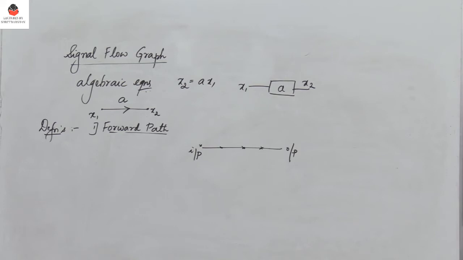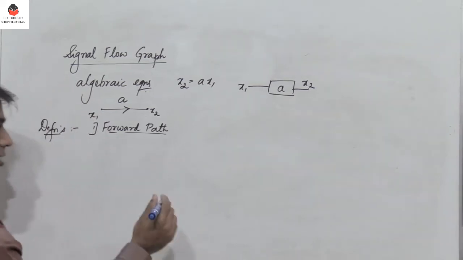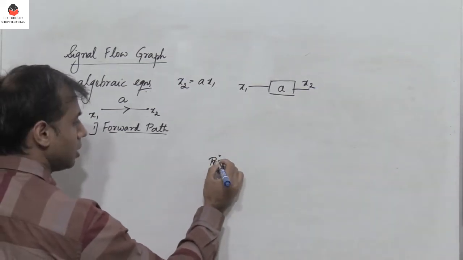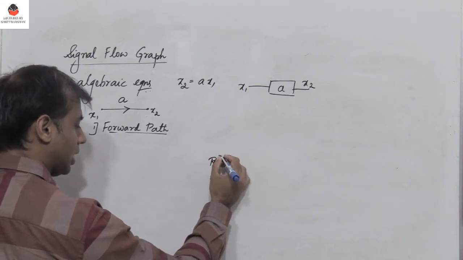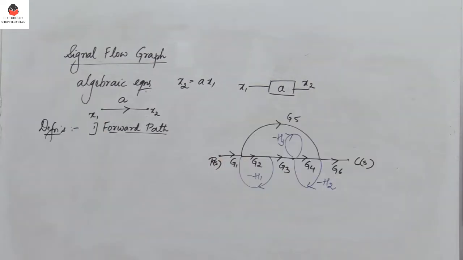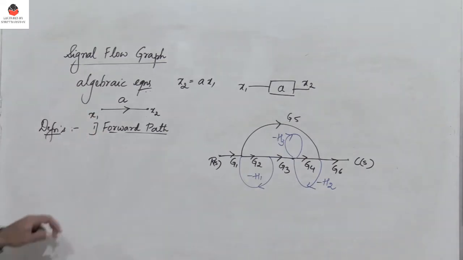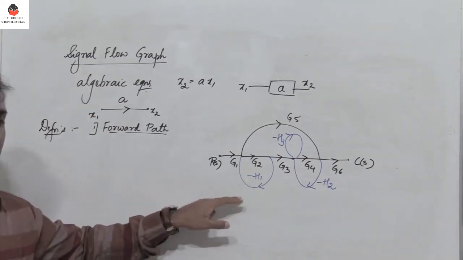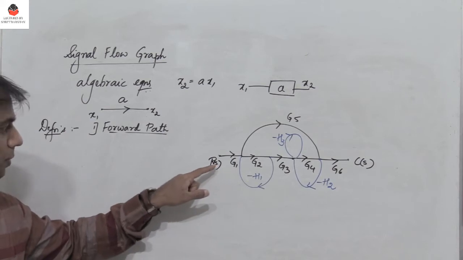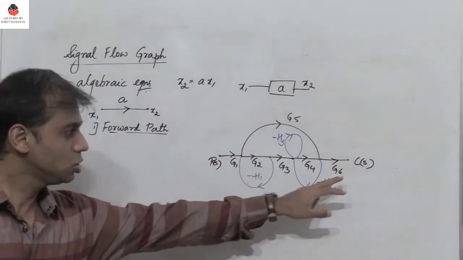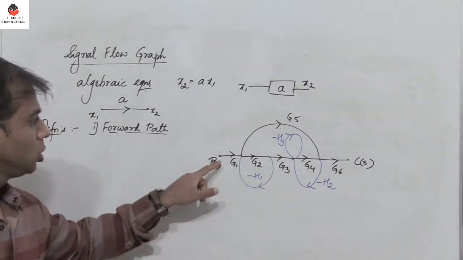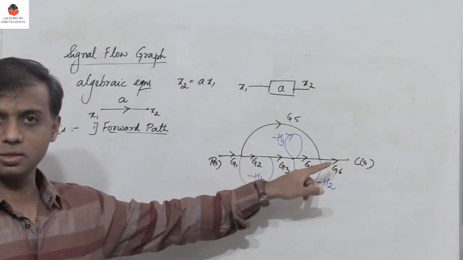So let's take an example. Let us consider this signal flow graph representation. Here, if I need to identify the forward path, I need to consider the path from the input node to the output node such that no node is traced twice.